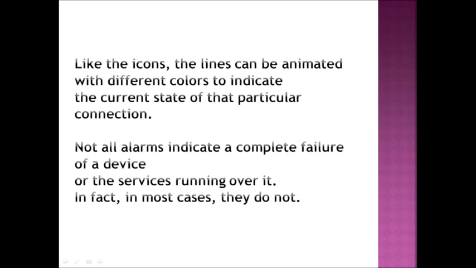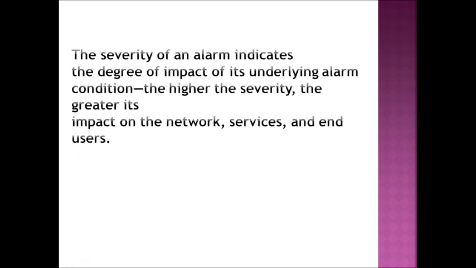Not all alarms indicate a complete failure of a device or the services running over it. In fact, in most cases, they do not. The severity of an alarm indicates the degree of impact of its underlying condition.